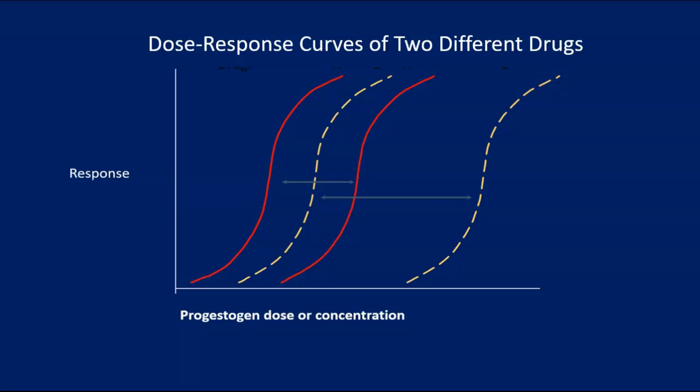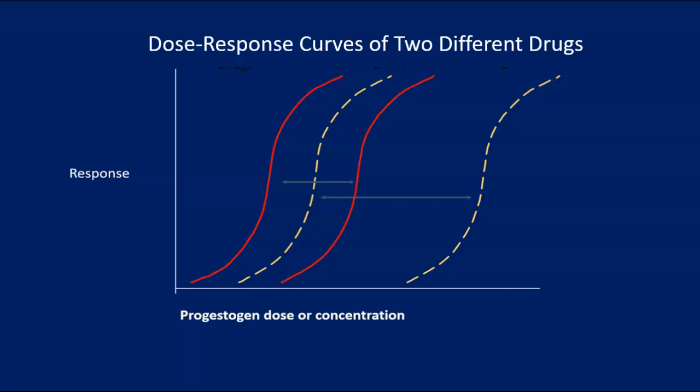If we look at the red dose response curves, of which there are 2, and then the dotted yellow dose response curves, and assume the progestin dose listed on the x-axis varies between those 2 components, you can see that if we assume the left or initial dose response curve in red is the one that leads to contraceptive protection, that is, reduces ovulation, etc., and the second red dose response curve is a side effect such as breakthrough bleeding, or something more serious such as venous thromboembolism, these dose response curves overlap, meaning that with normal dosing a particular side effect may occur.